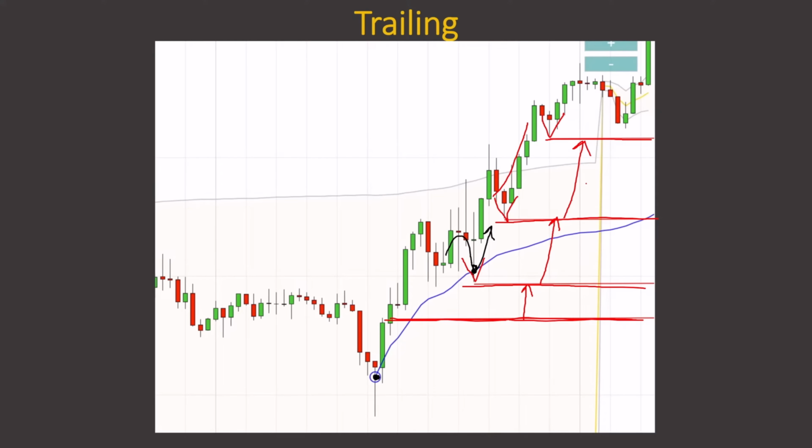You take profit there, or the price does this and hits your stop loss. All right, so this is the general way you go about trading those trades. This is how you can get the most out of the trade when the market is trending.